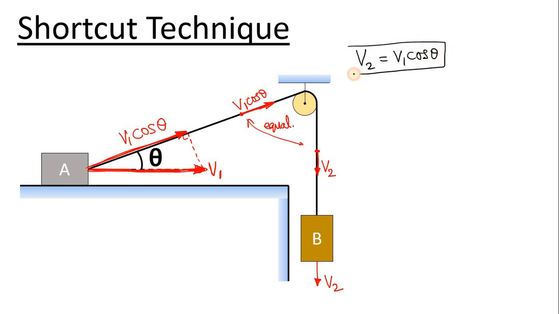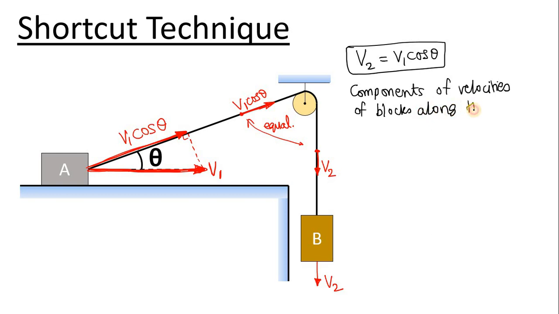So here we can write down a simple technique to remember this concept: the components of velocities of the blocks along the string are equal. Components of the velocities of blocks along the string must be equal.